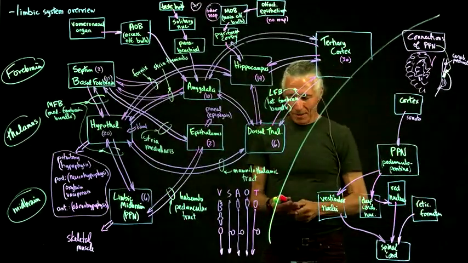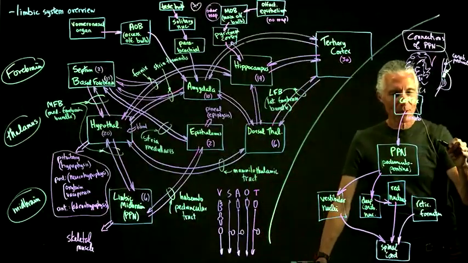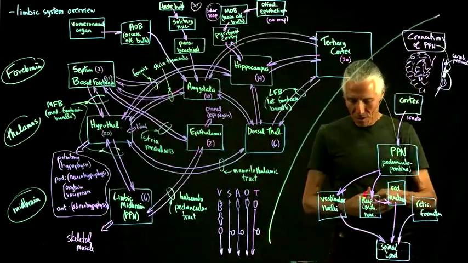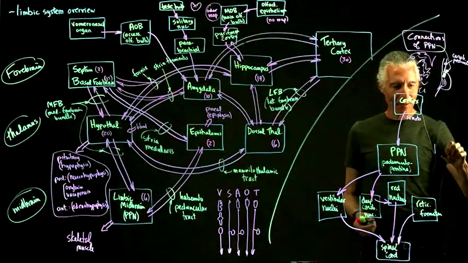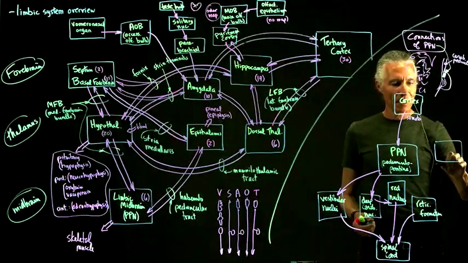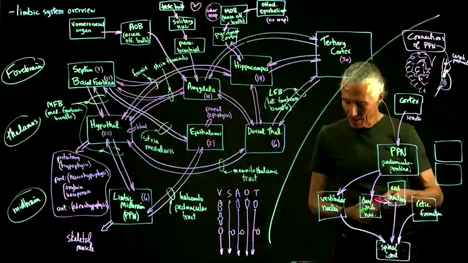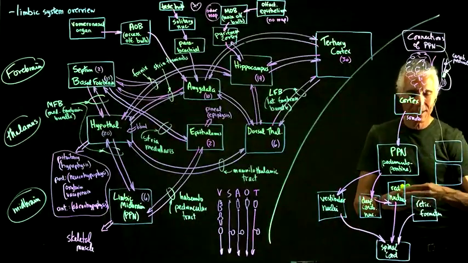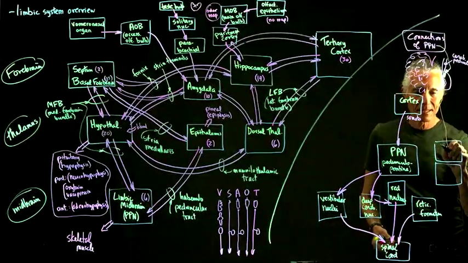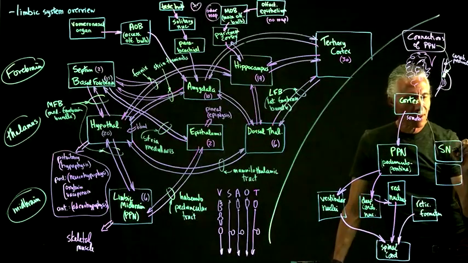But it turns out, being the center of the universe, the pedunculopontine nucleus is also connected up to the globus pallidus. So how did that happen? It's actually connected up to both chunks of the globus pallidus. So here's both chunks of the substantia nigra. This is the substantia nigra pars compacta, that's the dopamine part.